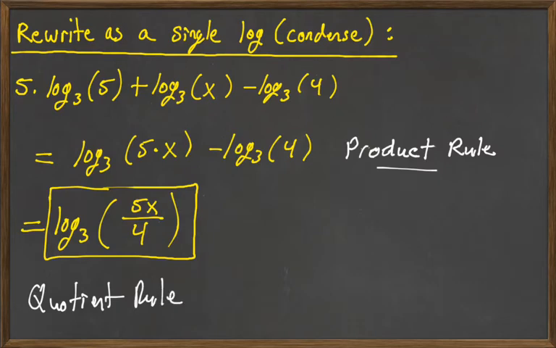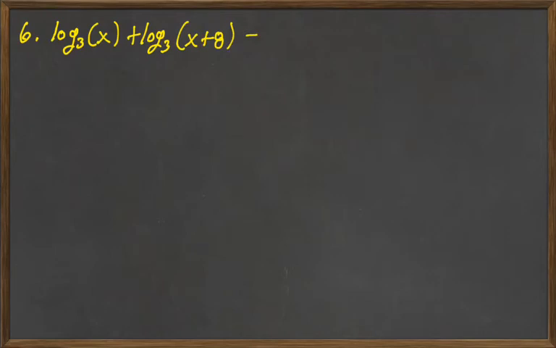Okay, I think we're going to look at 3 more of these. Get a little bit harder. So here we got log base 3 of x plus log base 3 of x plus 8. Okay, we're adding logs of the same base, so we're going to go ahead and use the product rule. That'll be log base 3 of x times x plus 8.